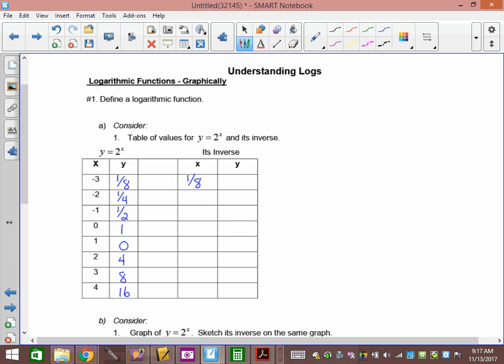Okay, so you flip these. So you get 1/8, -3, 1/4, -2, 1/2, -1, 1, 0, 0, 1, 4, 2, 8, 3, 16, 4. Okay?